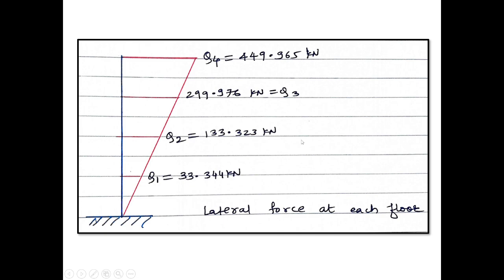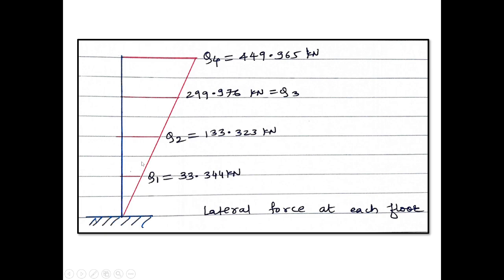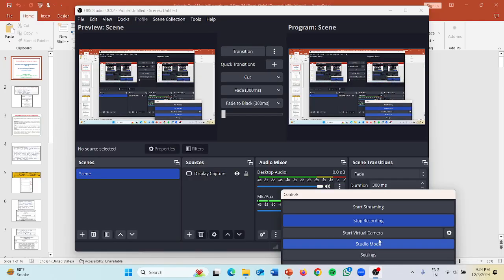And finally this is how we can present the lateral force at each floor. Whatever I had shown in the previous PPT on the left diagram, I am showing here pictorially for better understanding. That is Q1, Q2, Q3 and Q4, that is lateral force at each floor as per this seismic coefficient method or equivalent static method. So this is what I wanted to convey.